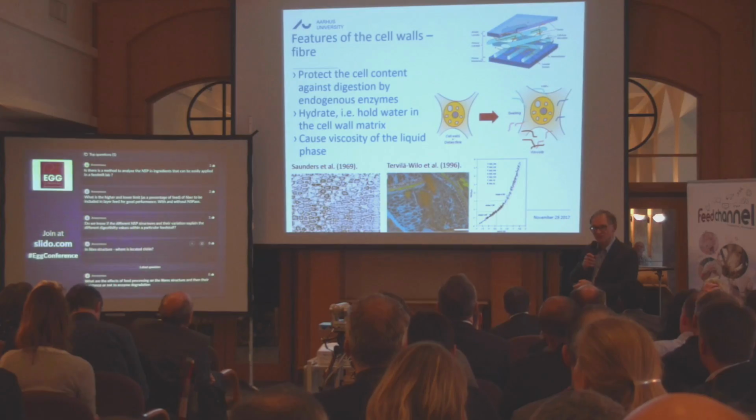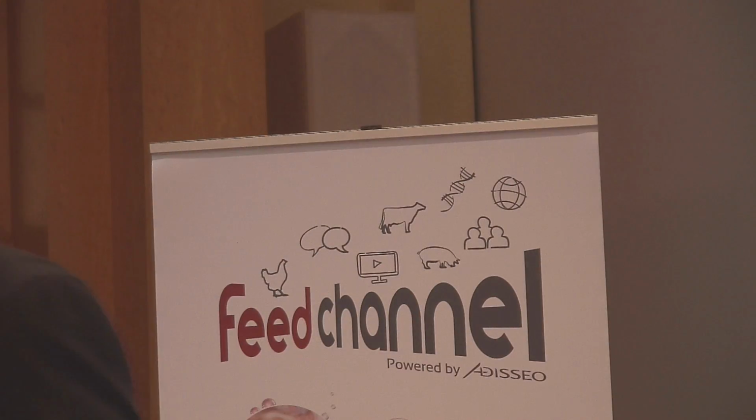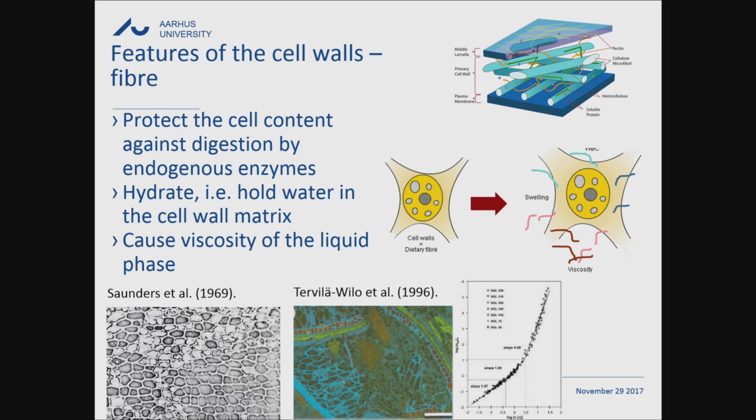At the time when I was a student, Saunders in California actually published a paper where he showed that in broiler chicken he was able to collect intact aleurone cells in the excreta. And why is that the case?